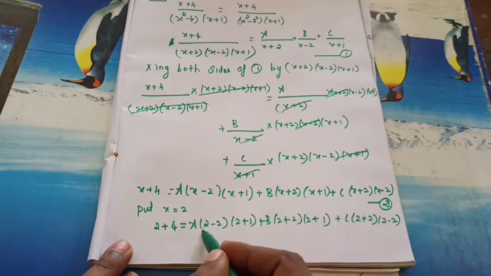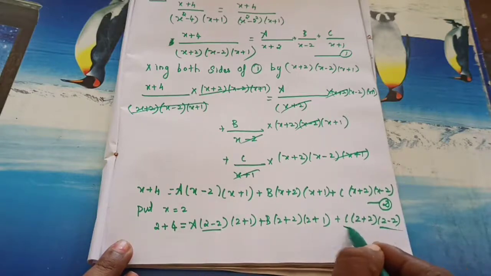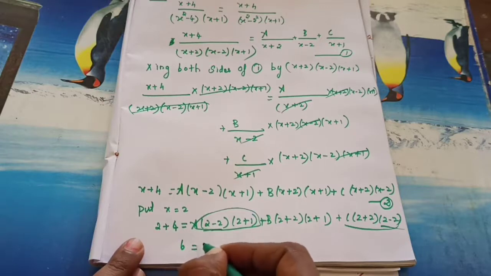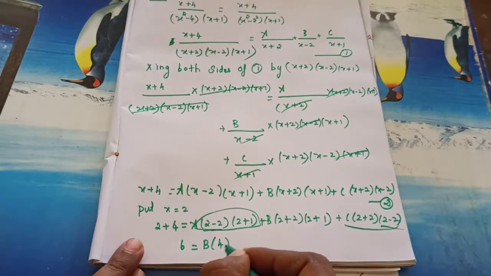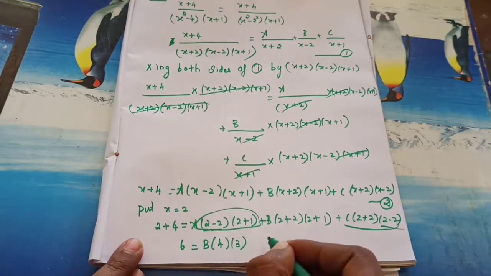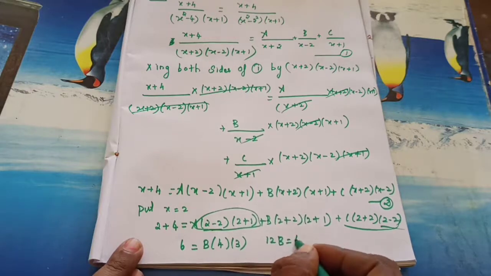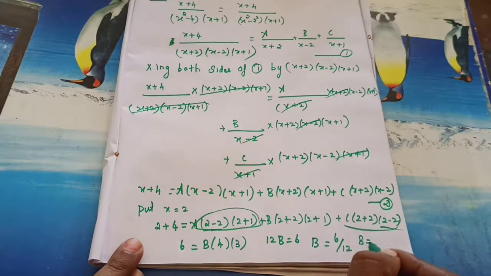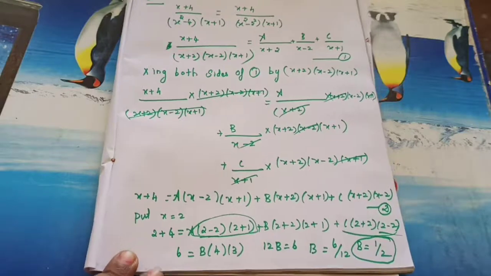Keep it in mind, children, this one will become 0, this one will become 0, this whole term will become 0, correct? So what will happen? 6 is equal to B into 4 into 3. 4 threes are 12, is it right? So 12B is equal to 6. So B = 6/12. So B is equal to 1/2.